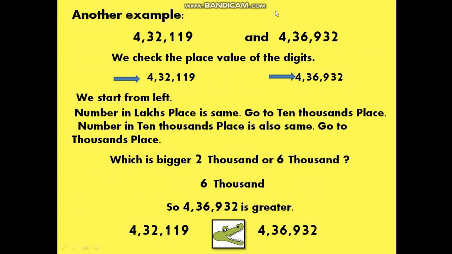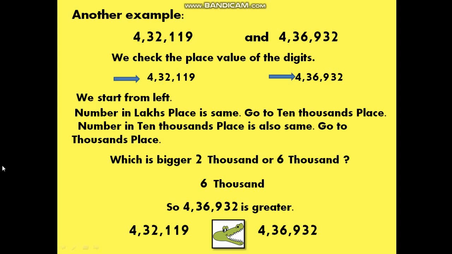Let's take another example. Now here also the number of digits are same. So we check the place value and we start from left. Now when we see that the number at lakhs place, which is 4, is equal, let us go on to the next one. Whenever you find a question like this, you have to keep on moving from left to right. So now we are going to compare the digit at 10,000s place.